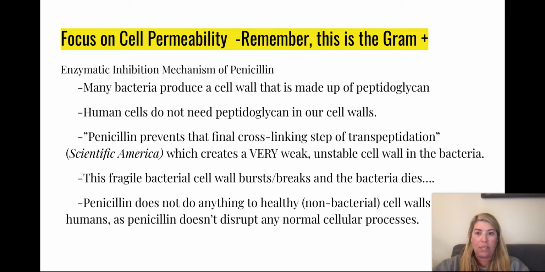These fragile cell walls burst, they break open, and the bacteria die. Luckily, penicillin doesn't do anything to healthy non-bacterial cell walls in humans, and it doesn't disrupt any of those normal cellular processes.